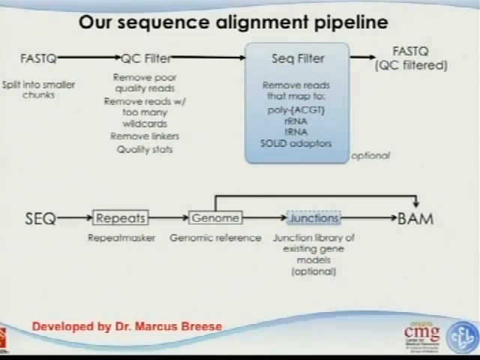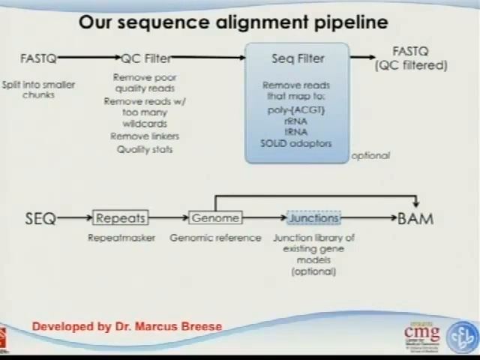So for every single possible junction, you have an exon here and an exon there. They don't have to have evidence connecting them together. So what we do is we build a junction. This is the potential junction, and this is a potential junction, and this is a potential junction.